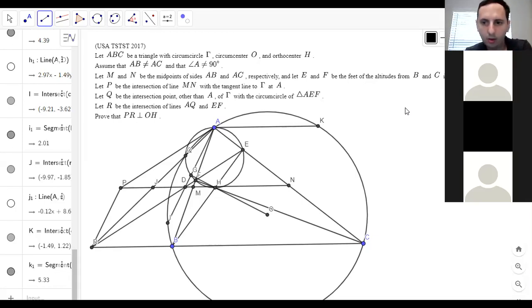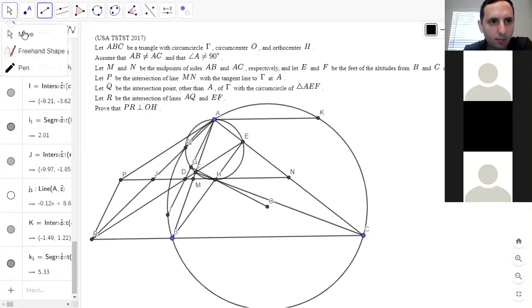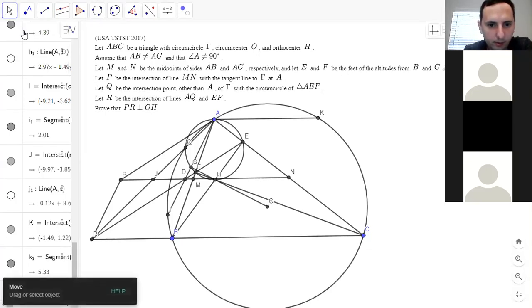Okay, so we want to show OH is perpendicular to AD. So that's what Nguyen said, but let's see if we can remember the proof. All right, so I'm going to delete K and I for now.